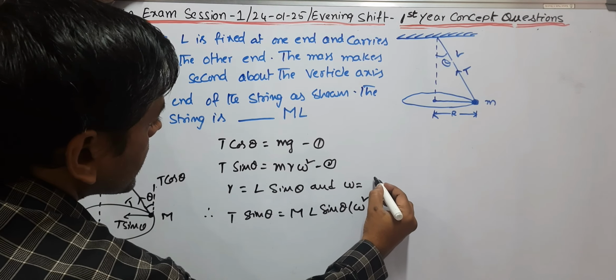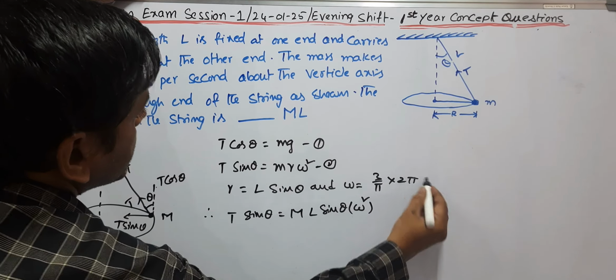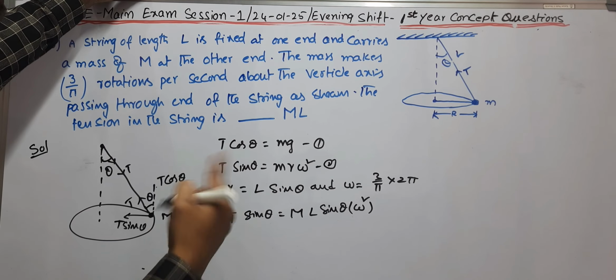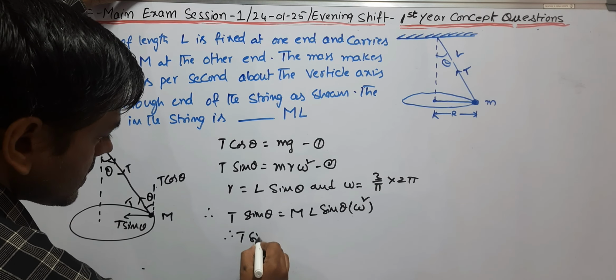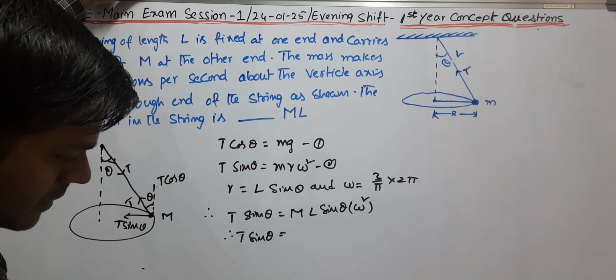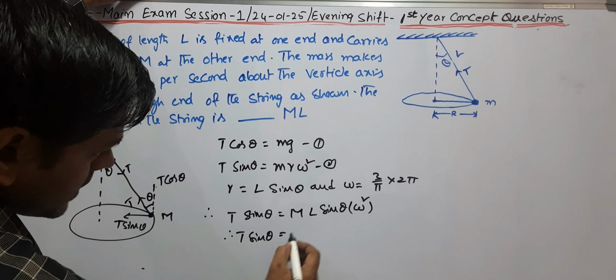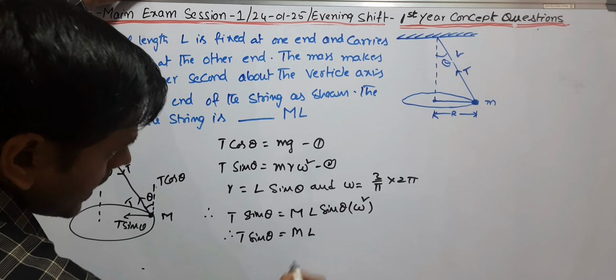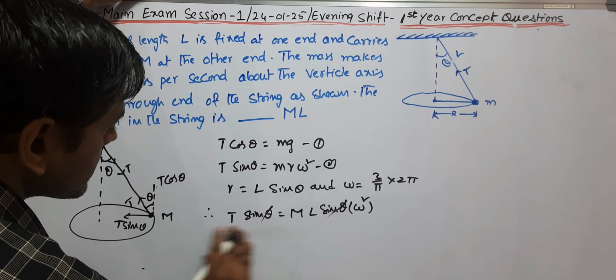It makes 3 by pi revolutions per second, and the total circumference corresponds to 2 pi. Therefore T sin theta is equal to m L omega square, and on both sides sin theta is cancelled.